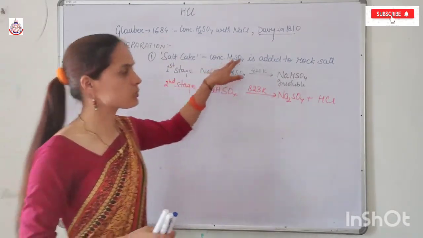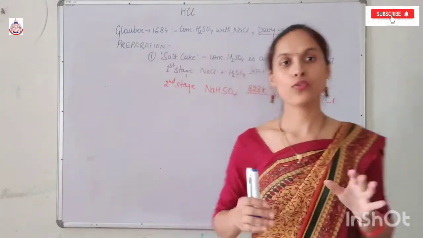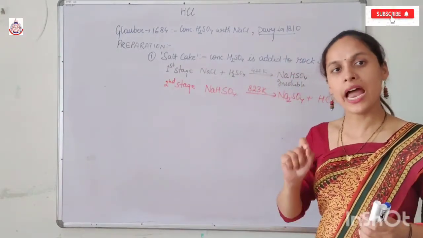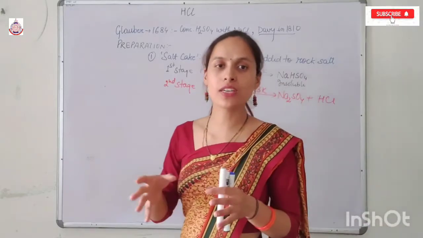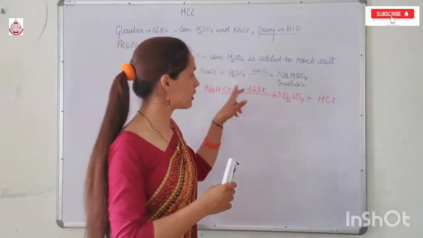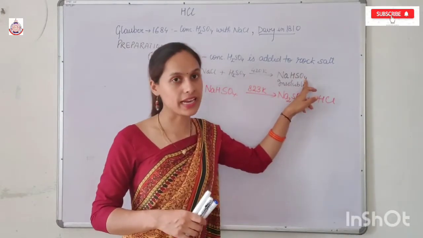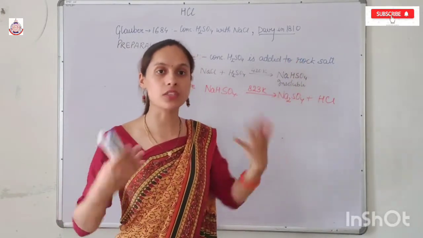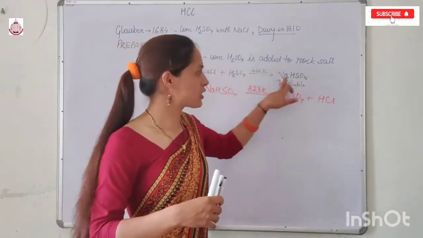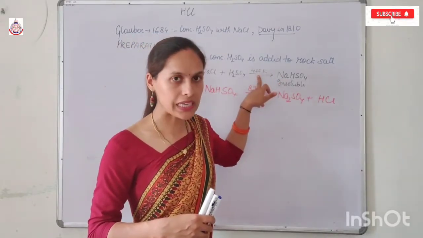So the reaction between concentrated H2SO4 and the rock salt is an endothermic reaction and is performed in two stages at different temperatures. Why? Because in the first stage we get insoluble NaHSO4, which prevents the further reaction of H2SO4. So this reaction requires a temperature of 420 Kelvin.